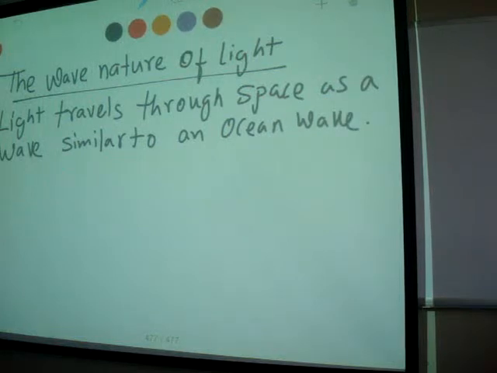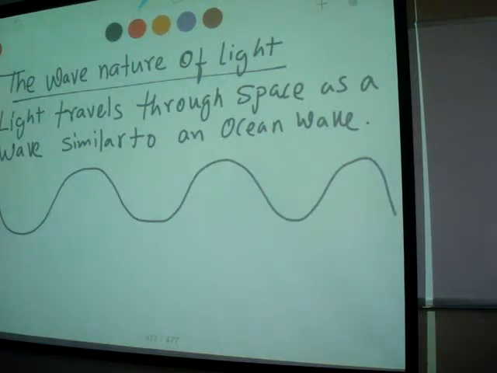Okay, and let's say I'm going to try to draw this wave. Okay, and we can say that we define wavelength. So let's define wavelength. It's a distance.